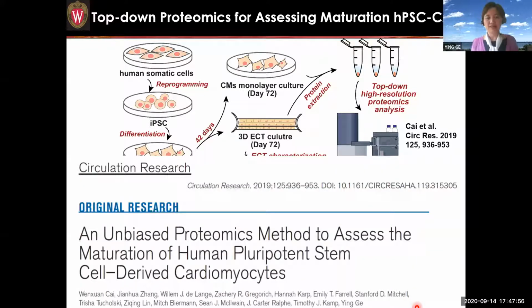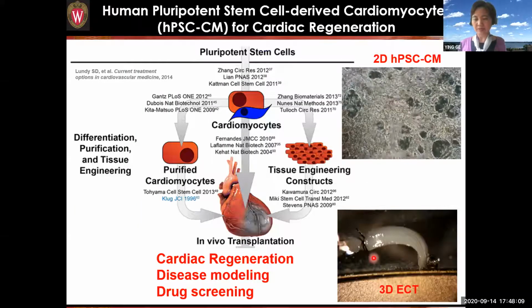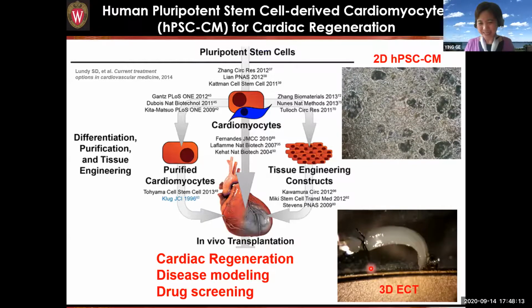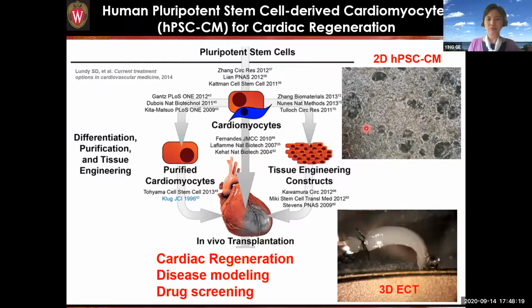And we have established an unbiased proteomics method to assess the maturation of these human pluripotent stem cell derived cardiomyocytes. And here are the cells actually grown by my students. This is an ECT, a 3D engineered tissue culture. And we can use them for precision medicine.